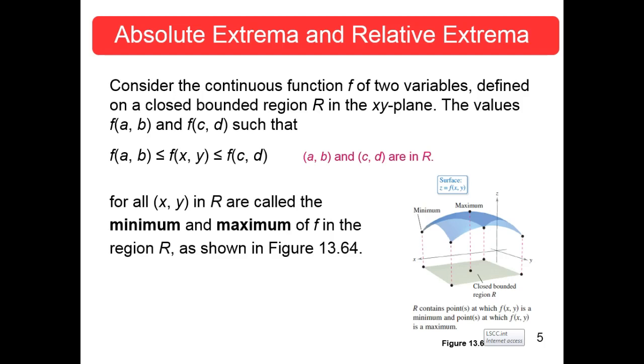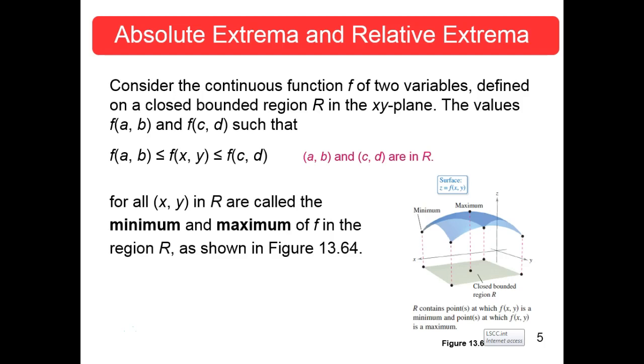It looks like all 4 of these are about the same value on your z-axis, because all 4 of those lengths look the same. Maybe that one's a little shorter. I don't think so. Anyway, the region R is here, and these 4 actually are all on the boundary. This one's somewhere not on the boundary. We'll get to that later.